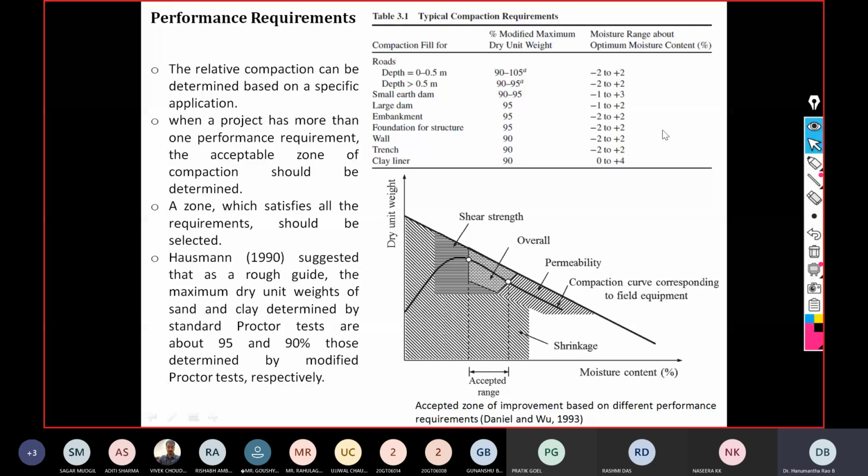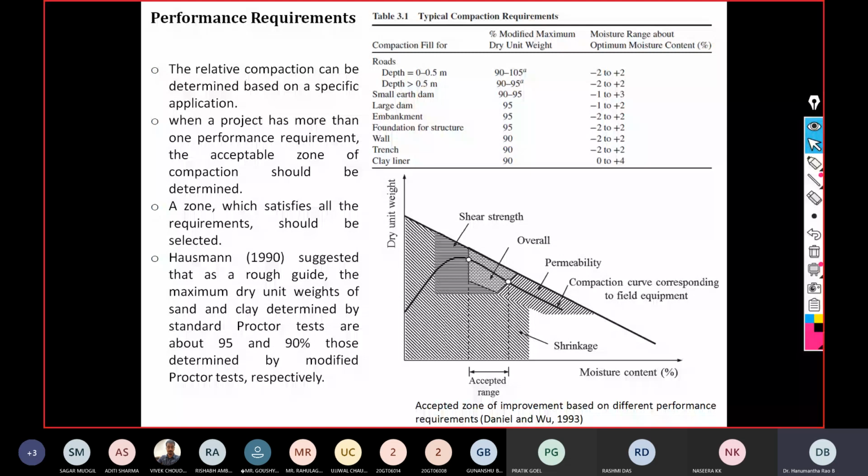Compaction also modifies the permeability. It also affects the settlement, and it also increases or decreases the shrinkage. If you look carefully at the graph, this is a compaction curve basically.